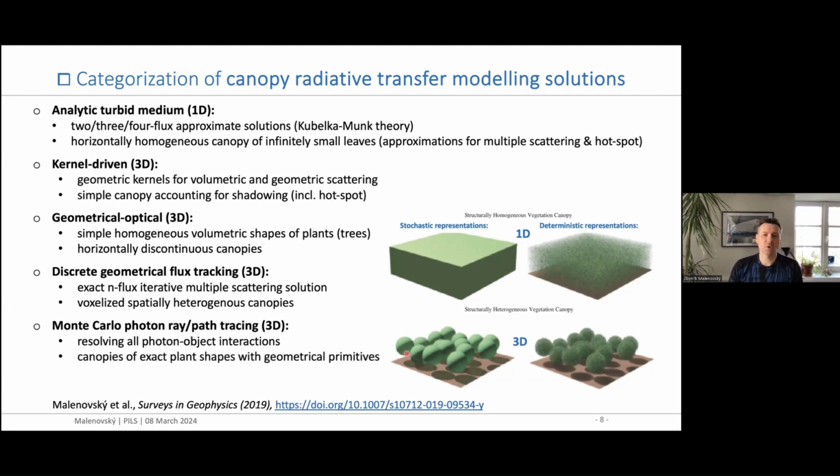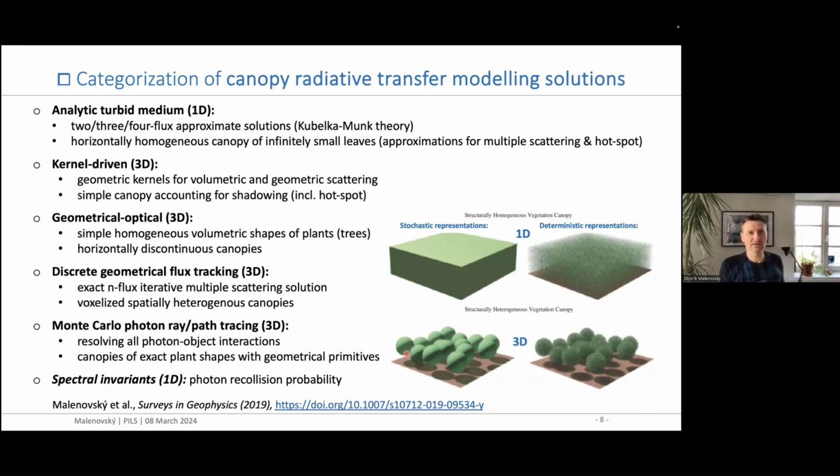Finally, the most recent and most accurate are Monte Carlo photon ray or path tracing models. These models are resolving every single photon object interaction, and they can simulate very exact plant shapes built out of these optical geometrical primitives. There is one new solution which is called spectral invariance.